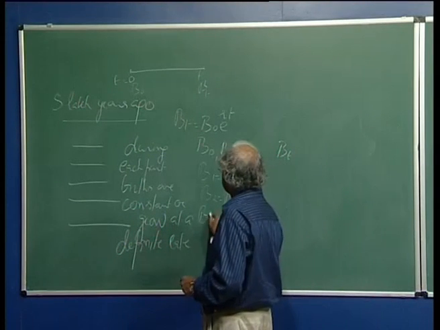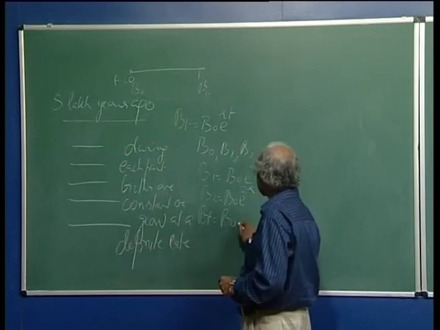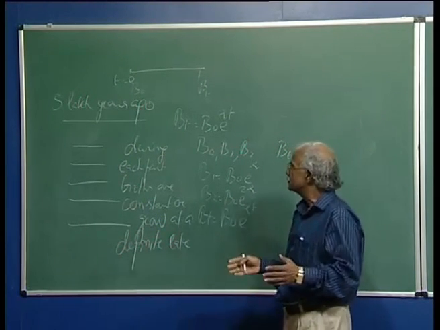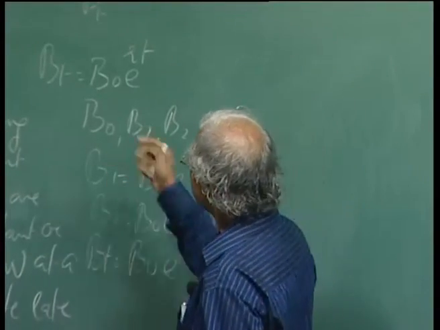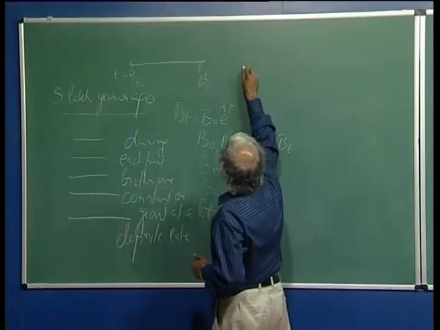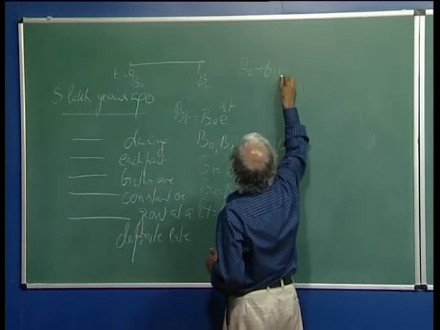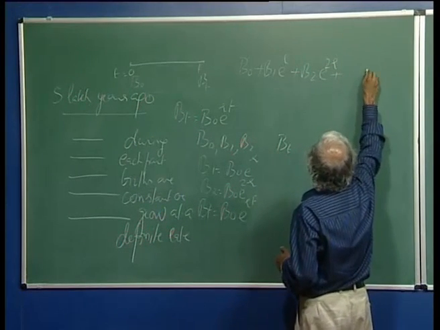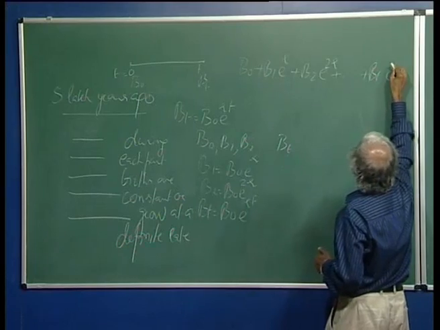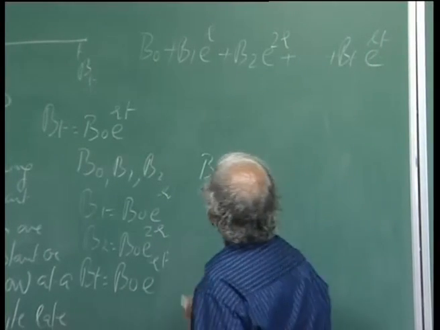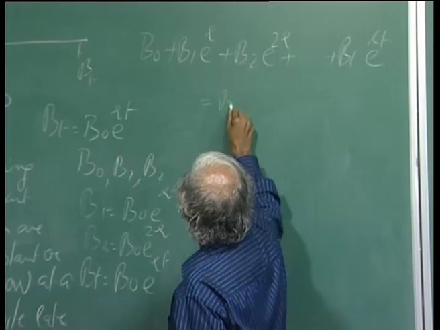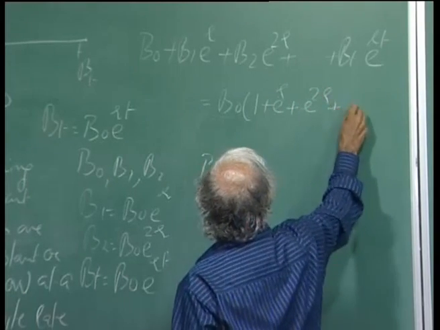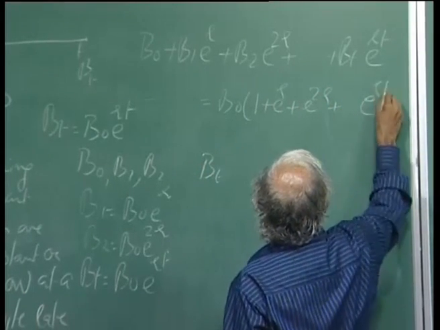In general, b t equal to b 0 e raised to power r t. Now, the total number of births during this time 0 to t will then be b 0 plus b 1 e raised to power r plus b 2 e raised to power 2 r, etc., and b t e raised to power r t, which can be written as b 0 times 1 plus e raised to power r plus e raised to power 2 r plus ... e raised to power r t.